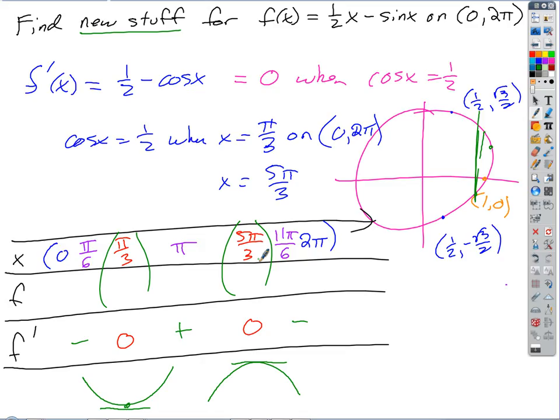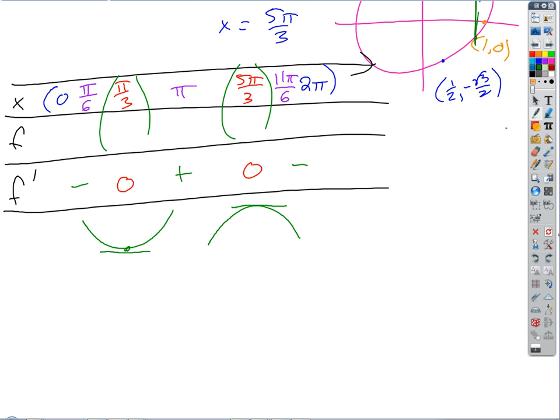If you're using interval notation, how would that look? f is increasing on that interval, when x is greater than pi thirds and less than 5/3 pi.